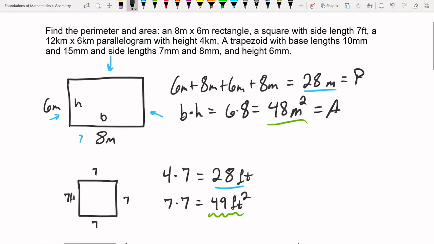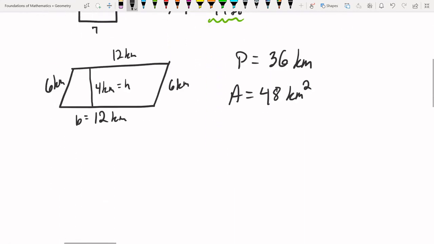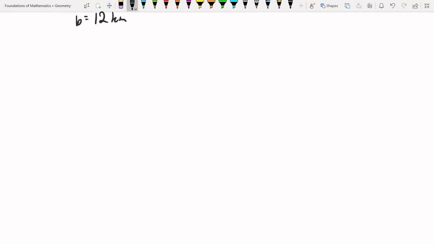Next one says a trapezoid with base lengths 10 and 15 and side lengths 7 and 8 with a height of 6. So 10 and 15. This is going to be the 15 one. Let's see. I think it's going to look something like this. 10.